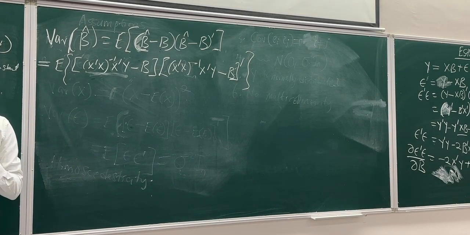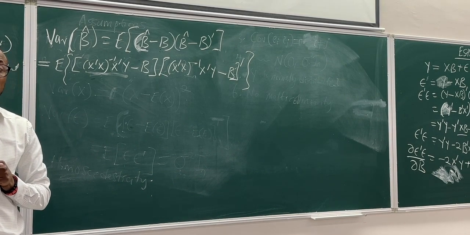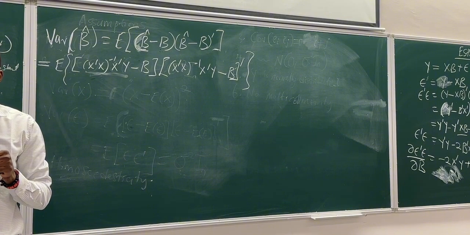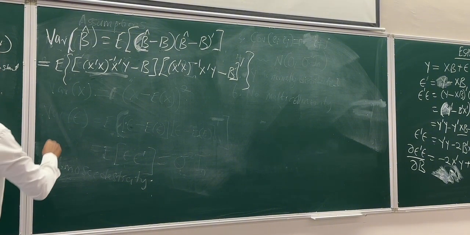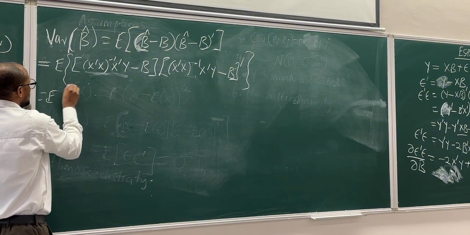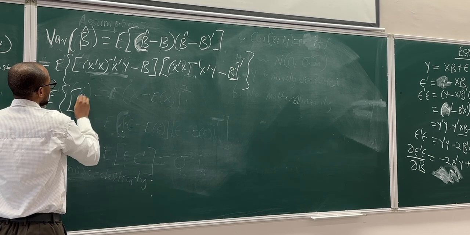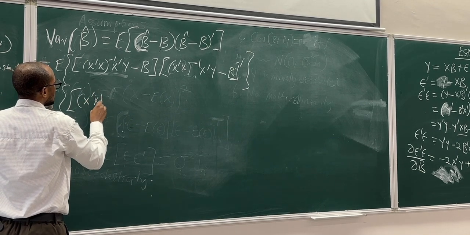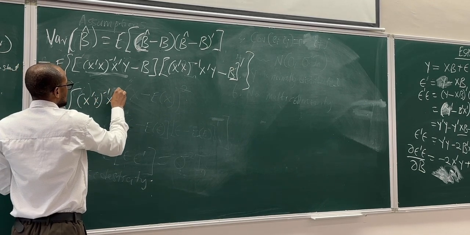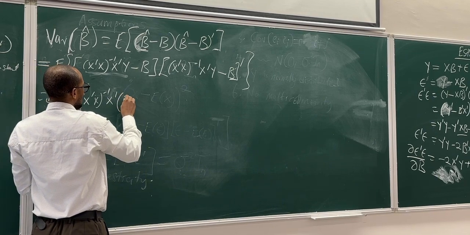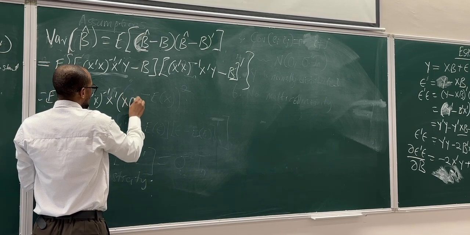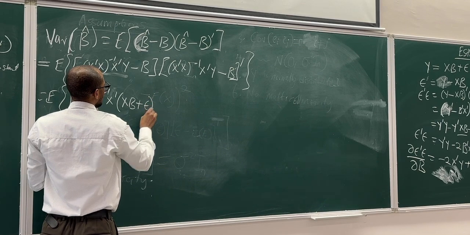Again, we don't want y to appear. We just need to take away y. So when we take away y, we're going to have expectation of x prime x inverse x prime of what? XB plus E. Beautiful. Very good.